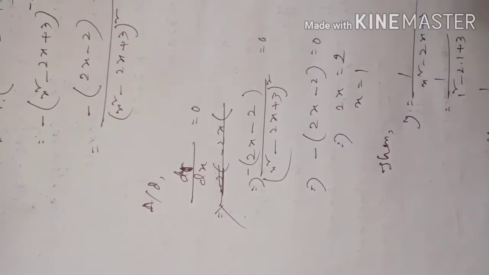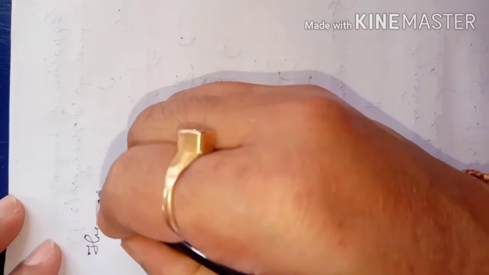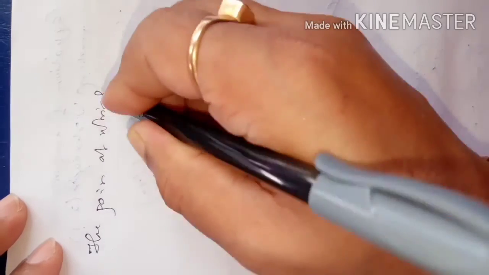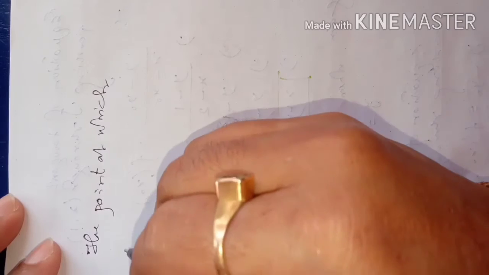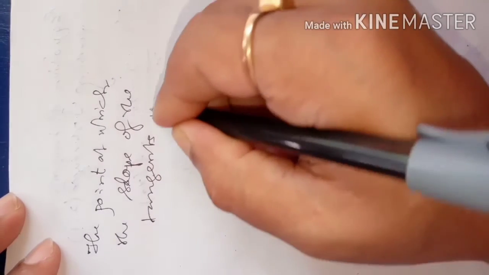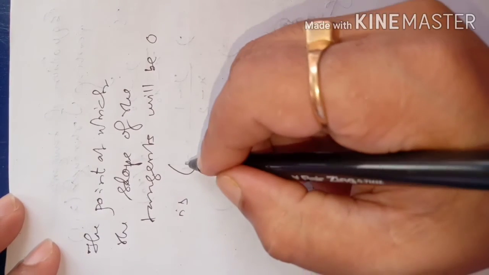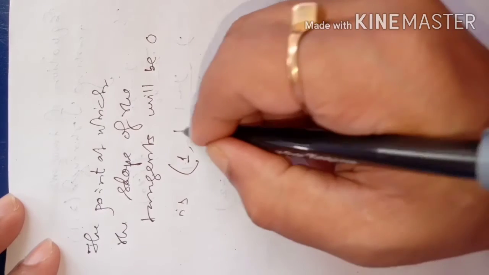Thus, that is the point at which the tangents to the curve will have slope 0: x is equal to 1 and y is equal to 1 by 2.